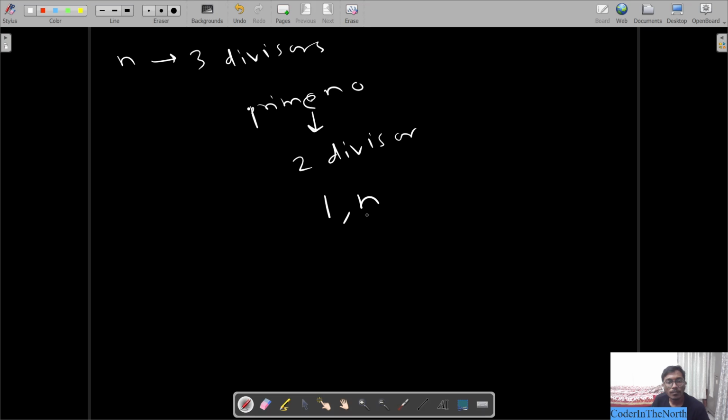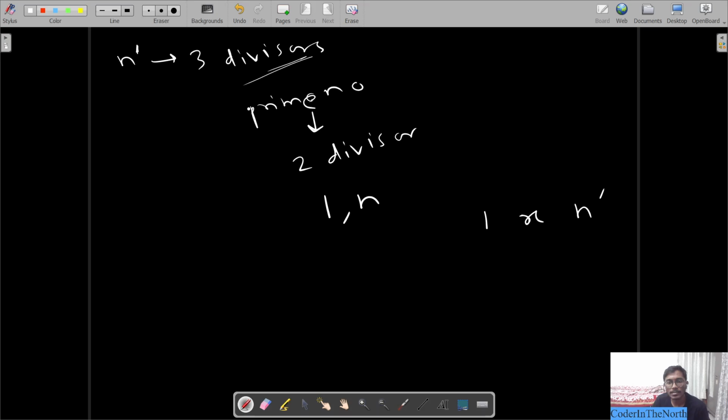Now let's consider we have this number, let's say n dash. We have three divisors of this number, so the divisors will be 1, n dash and some x.